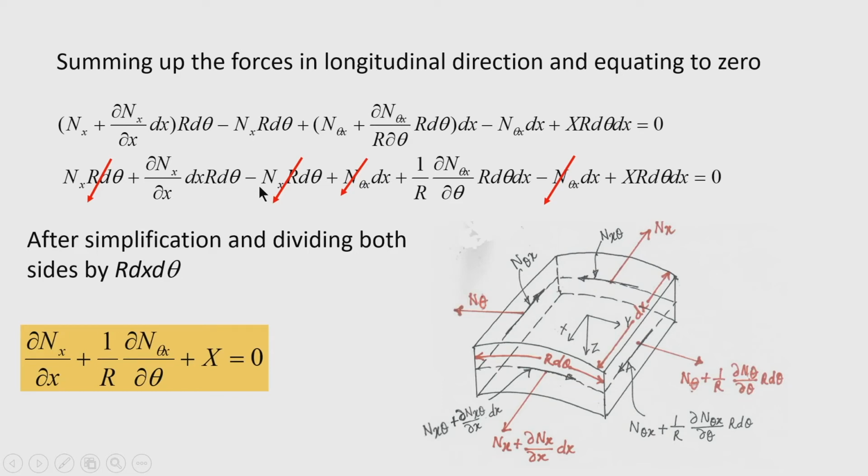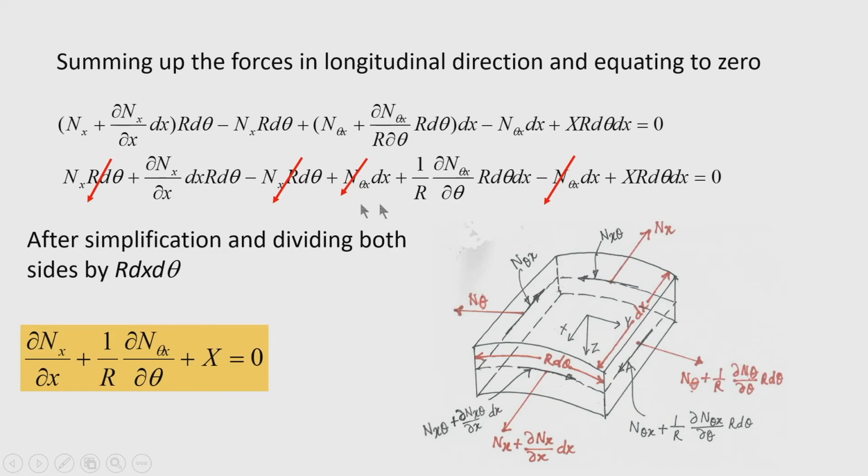Now, you can see here with all the terms, the dx r d theta is common. So, dx r d theta indicates the area of the element which is non-zero. So, therefore, divide throughout by r d theta dx.